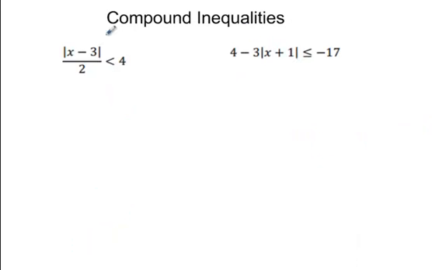So full out, multiply by 2 on both sides. It'll become the absolute value of x minus 3 is less than 8, because I multiplied by 2 to both sides.